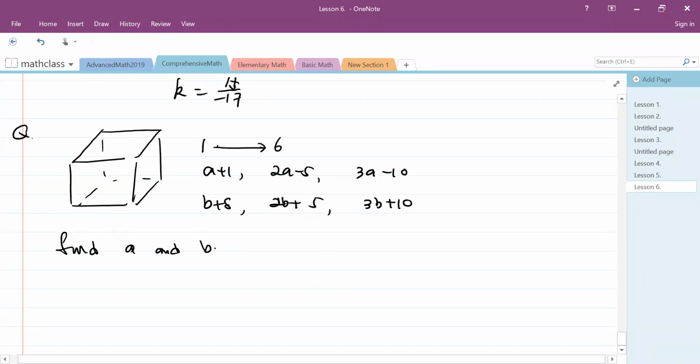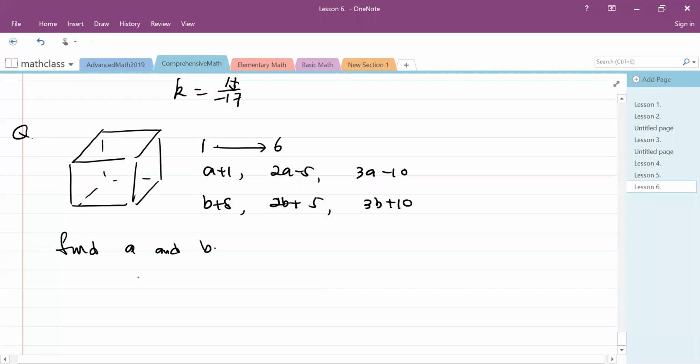First of all, what you do is you add all the numbers together, because we don't know their order. If we know a plus 1 is 1, then you already determine a, but we don't know the order. We only know those 6 numbers are expressed in 6 different forms and in 2 different variables, a and b.